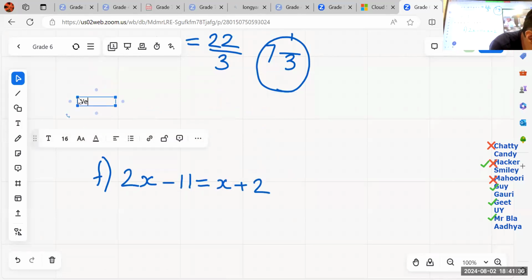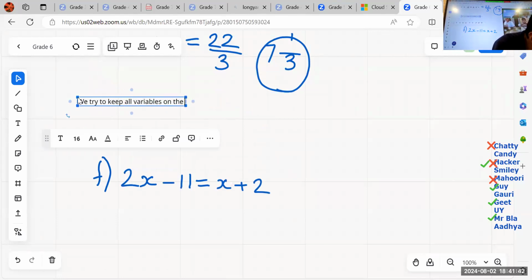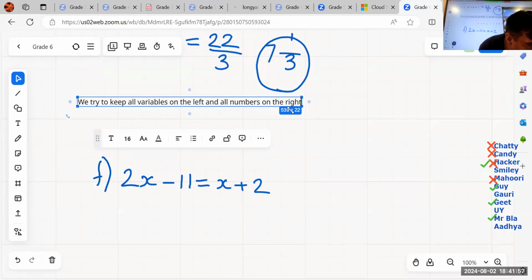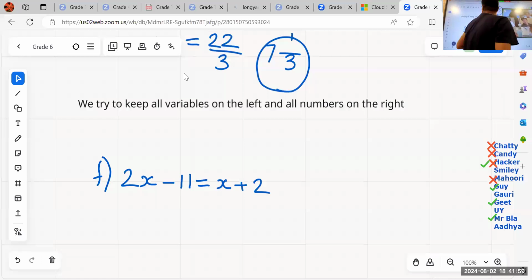So we try to keep all variables on the left and all numbers on the right. Guys, it's not a rule, it's just a practice which will help you do your question easier.